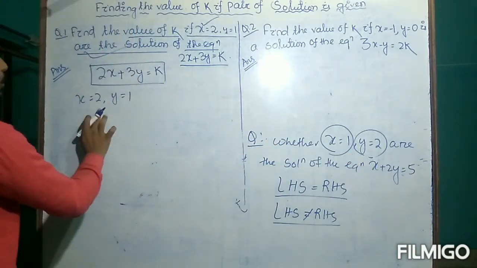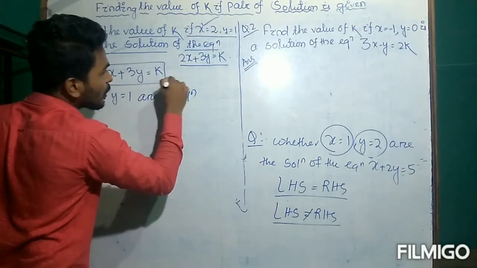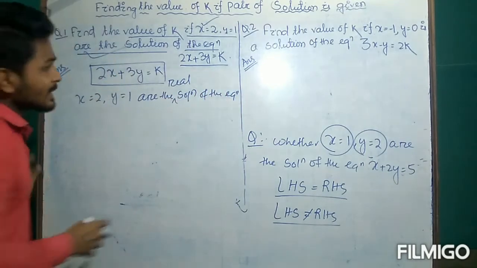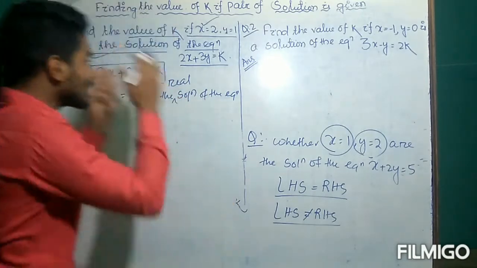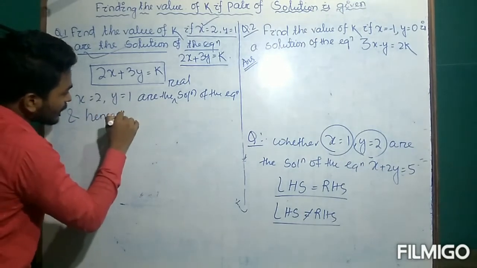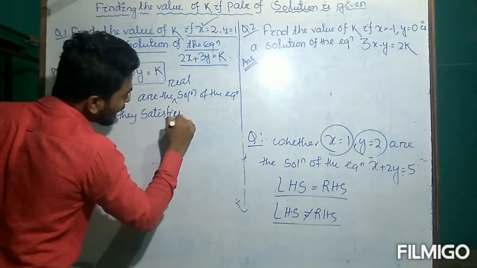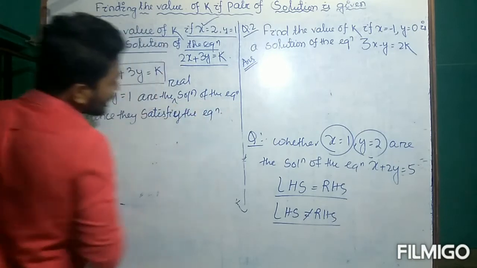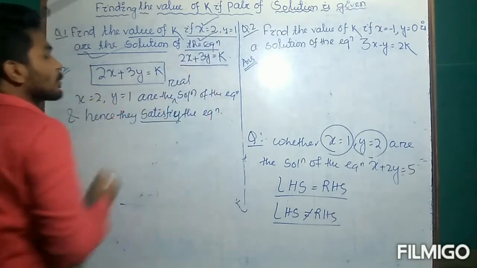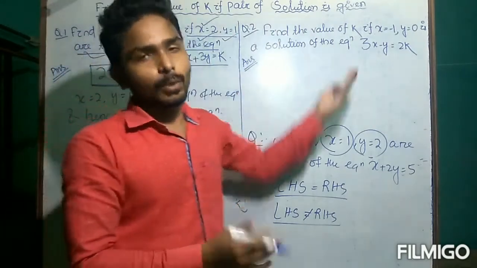So x is equal to 2 and y is equal to 1 are the real solution of the equation. Since they are the real solution, they satisfy the equation. That means if we put x is equal to 2 and y is equal to 1 in this equation, then we get LHS is equal to RHS.